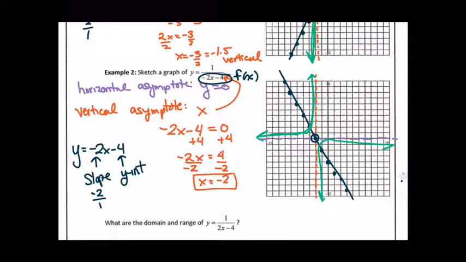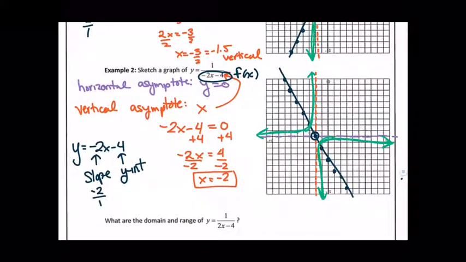Like that. And that's how you graph the reciprocal. So these ones, we're looking at just linear lines, right? So the straight lines. Tomorrow we'll look at what our reciprocals look like for quadratic equations, so parabolas.